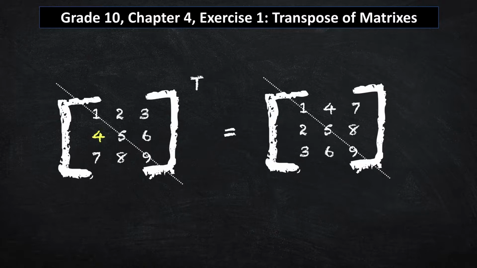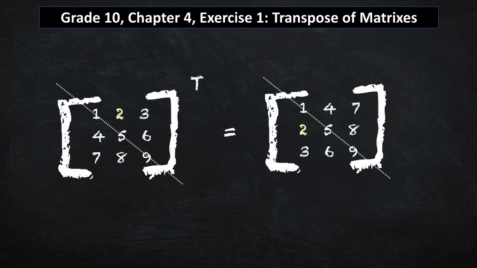Then we have the element 2, 1 of the matrix, which in this case is the number 4, takes the place of the element 1, 2. Then we have that the element 1, 2, which is a 2 in this example, takes the place of the element 2, 1.